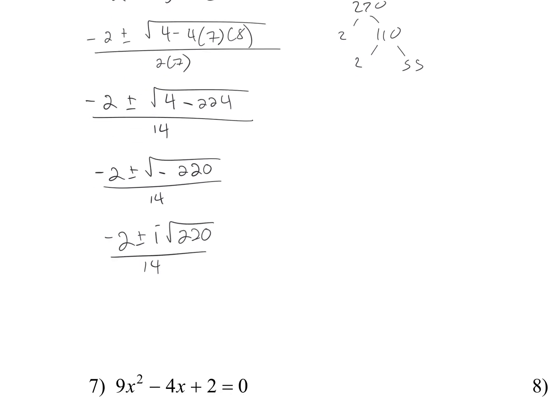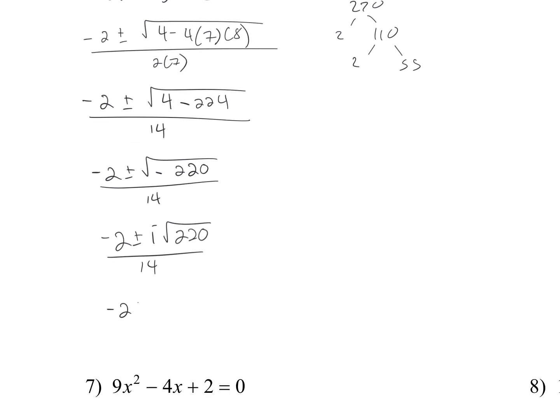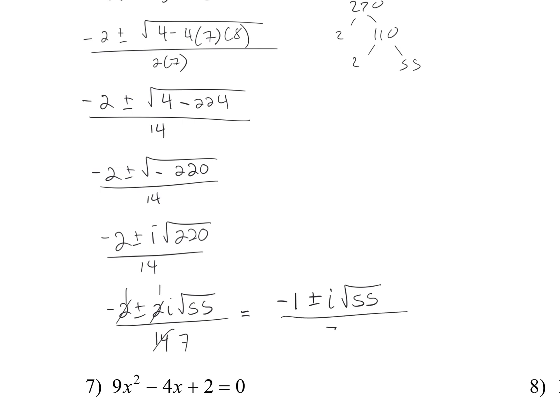So it's going to simplify to -2 plus or minus 2i root 55 over 14. So I can simplify the -2, the 2 and the 14, all dividing by 2. So I would get 1, 1, and 7. So my final answer is -1 plus or minus i root 55 over 7.